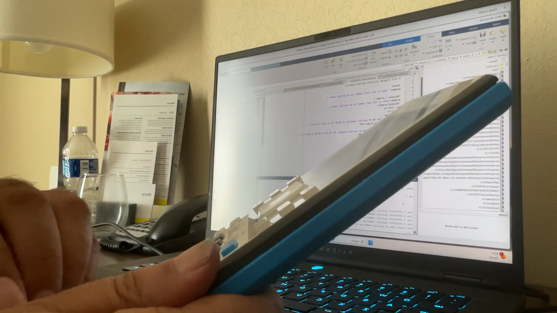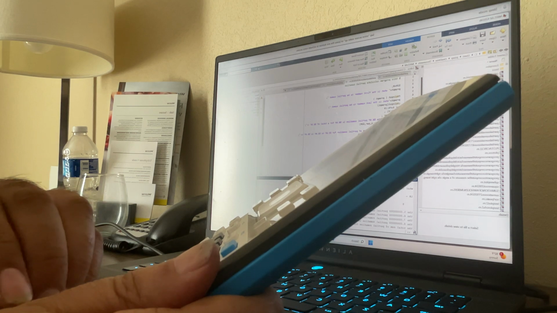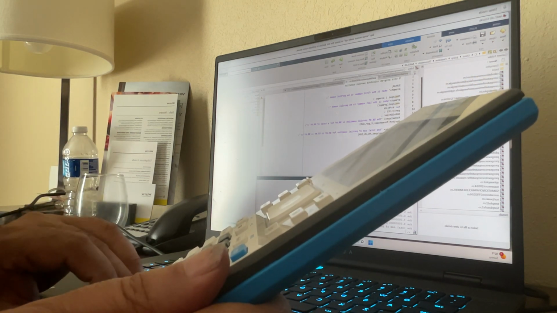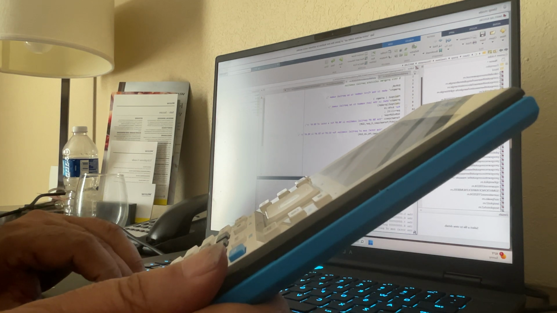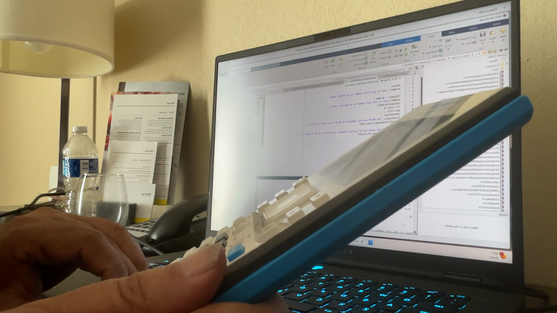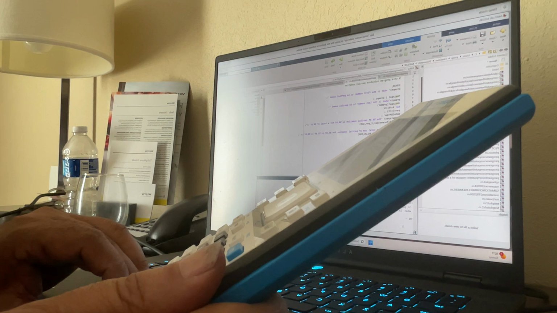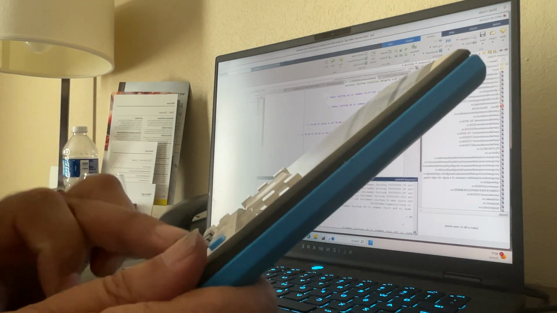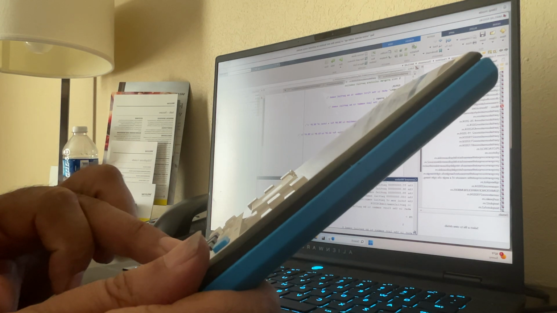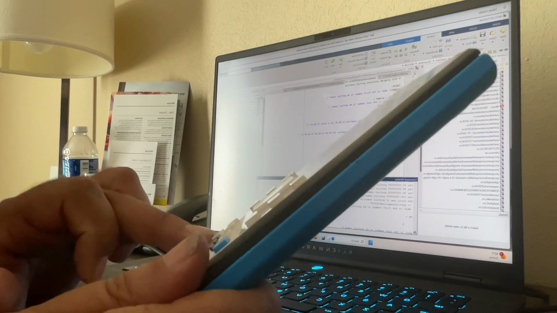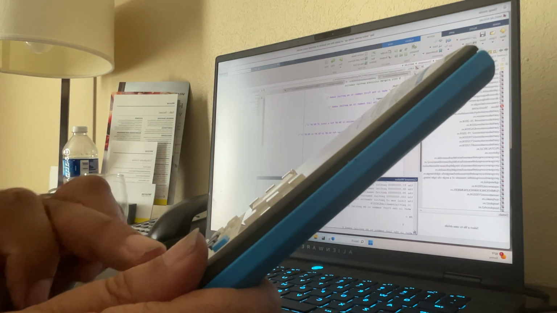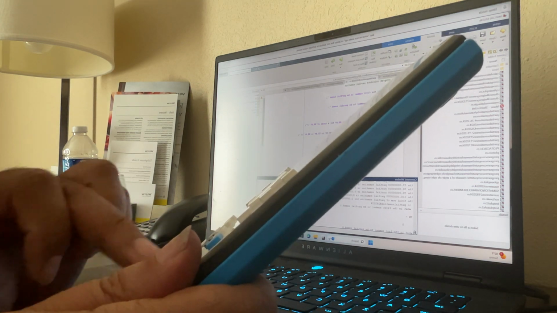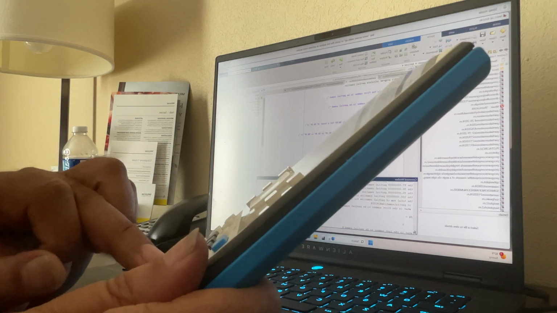So that's 1 divided by 5, plus 1 divided by 6, plus 1 divided by 7, plus 1 divided by 8.